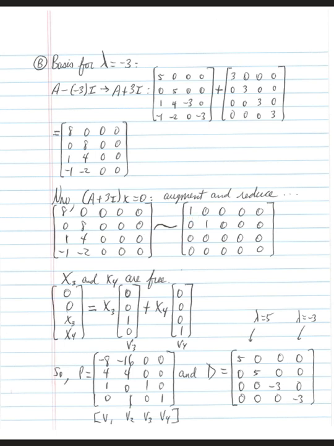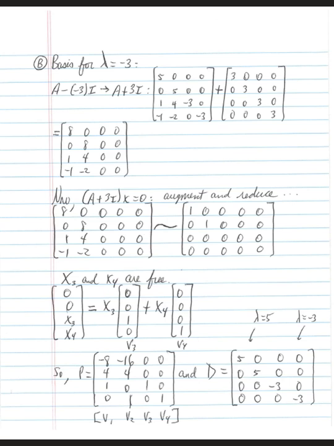We have a pivot in x1, a pivot in the second column, so x1 and x2 are definite. We don't have pivots in columns 3 or 4, so again, x3 and x4 are free variables. If you solve for x1, there's nothing to set it equal to.